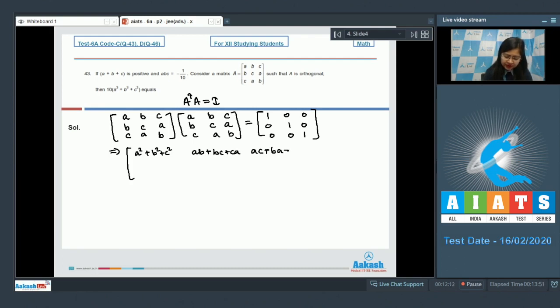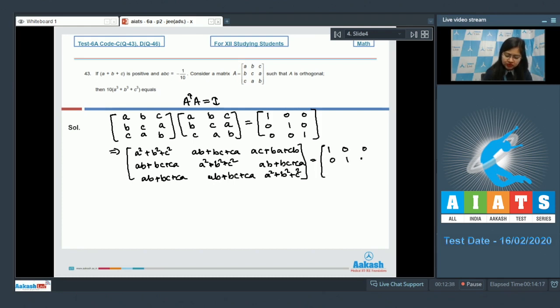Similarly in the other entries, ab plus bc plus ca, and a square plus b square plus c square on the diagonal. This is given to be equal to 100, 010, 001. Right? So comparing, we can say the value of a square plus b square plus c square is definitely equal to 1 and ab plus bc plus ca is equal to 0.